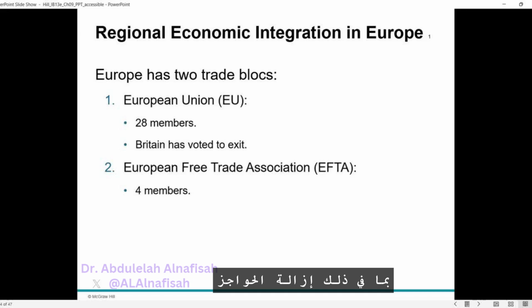including the removal of internal trade barriers, establishment of a common external tariff, and the free movement of factors of production within member states.